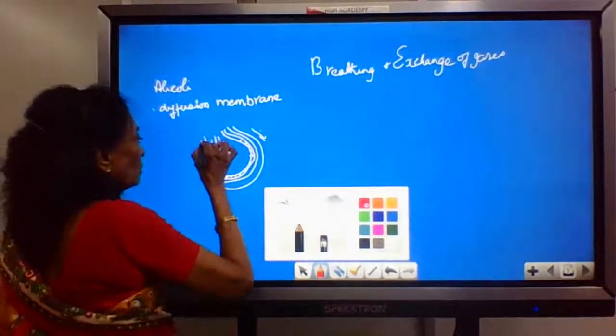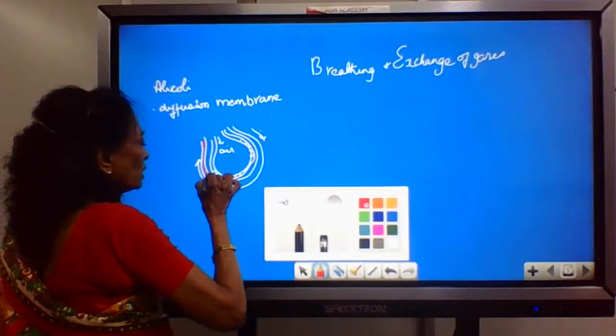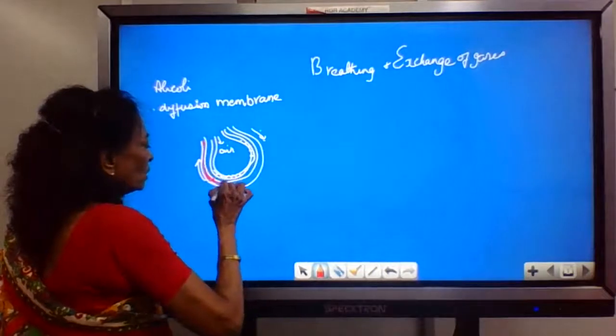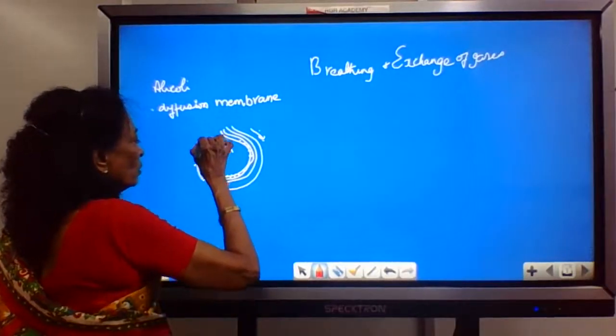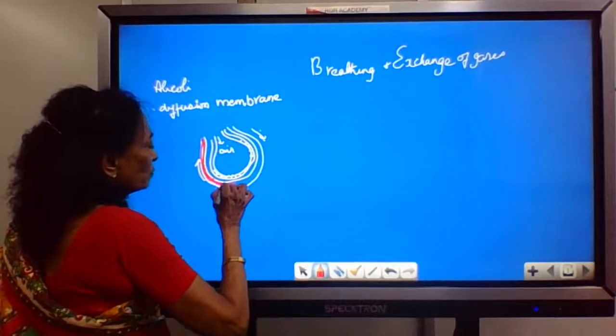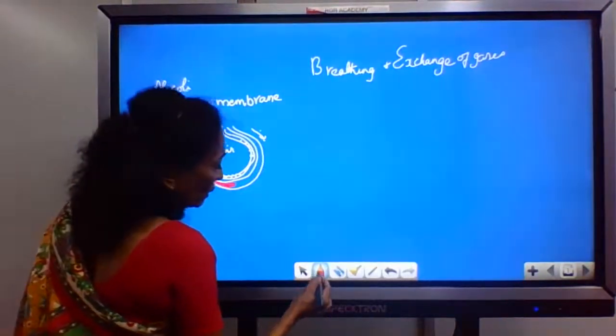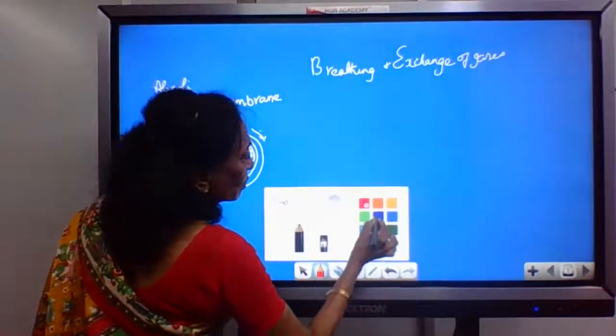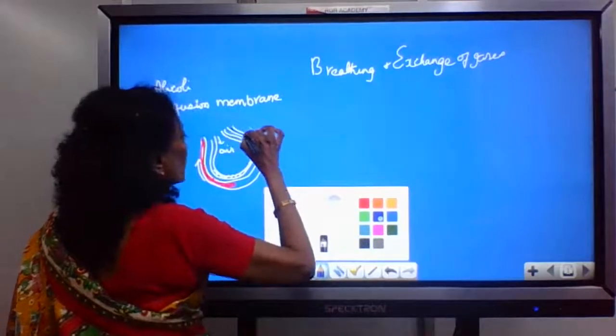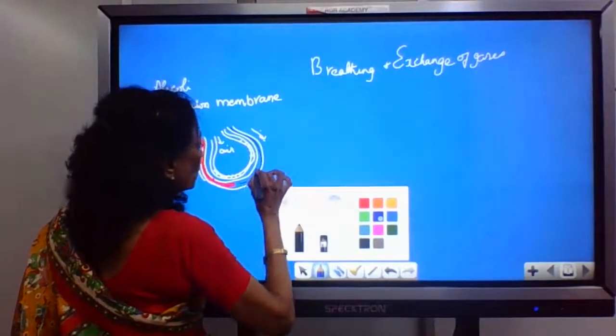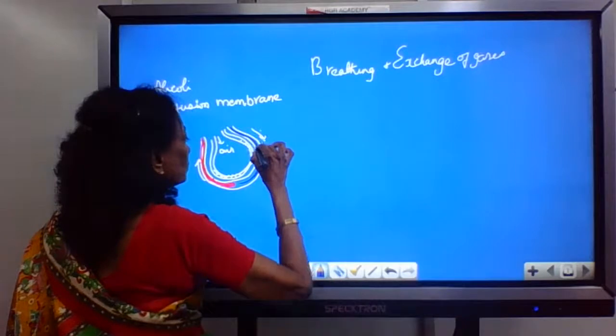You know very well the blood which goes out is oxygenated blood, and the capillary which carries the oxygenated blood will be moving upward. And the capillary in which the blood is flowing down carries venous blood, or deoxygenated blood.